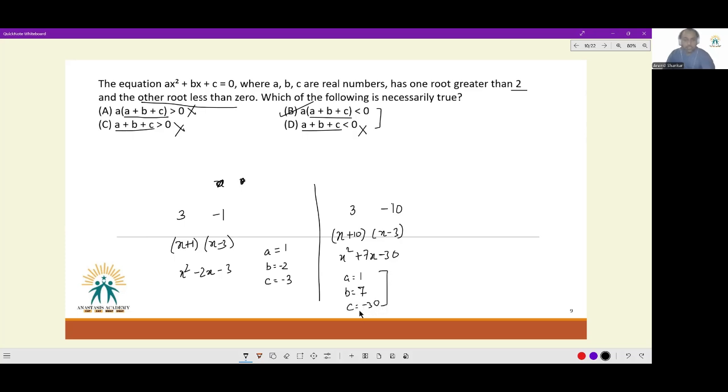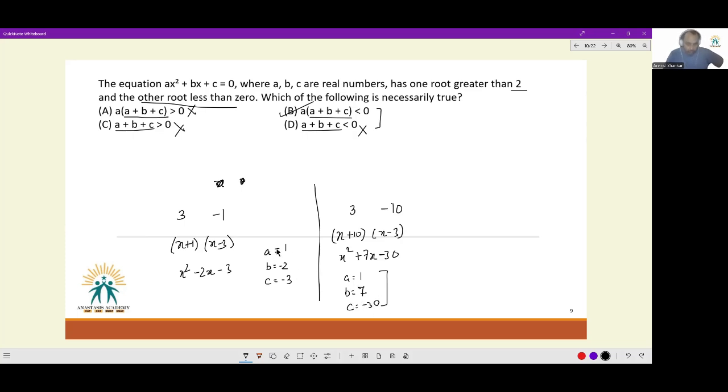Again, we reach the same result: a plus b plus c is less than 0. Now, in this very basic processing, you realize even if I take one root very far into the negative zone, I continue to get the same thing. Additionally, if I take one root as minus 1 and one root is very large, let's say 100, then the sum of roots turns positive, while the product of roots continues to remain negative.